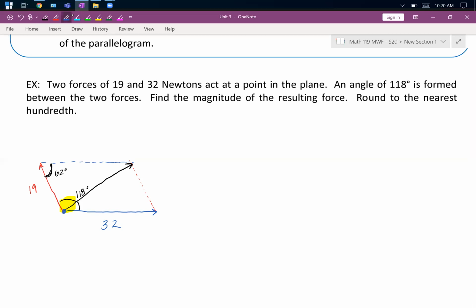I also know that my opposite sides are congruent, so I can label those sides as well. And now I'm ready for a breakout triangle. I'm going to break out this triangle right here, because we're trying to find that black vector there.